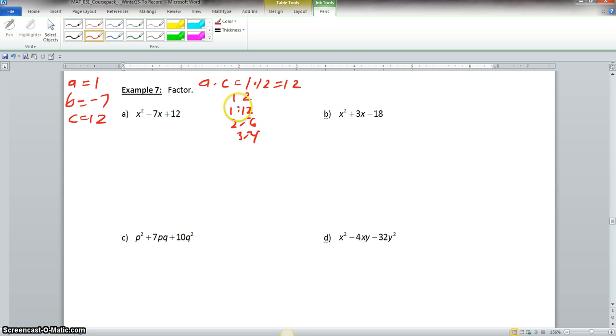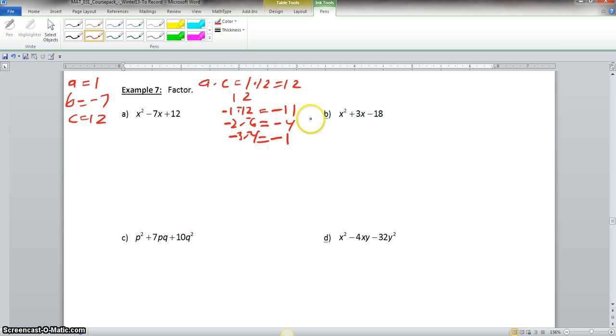So now 1 and negative 12, we know would give us a negative 11. 2 and negative 6 will give us a negative 4. And 3 and negative 4 will give us a negative 1. So we're trying to find, oh, you know what? No, I'm sorry. Both are supposed to be negative.